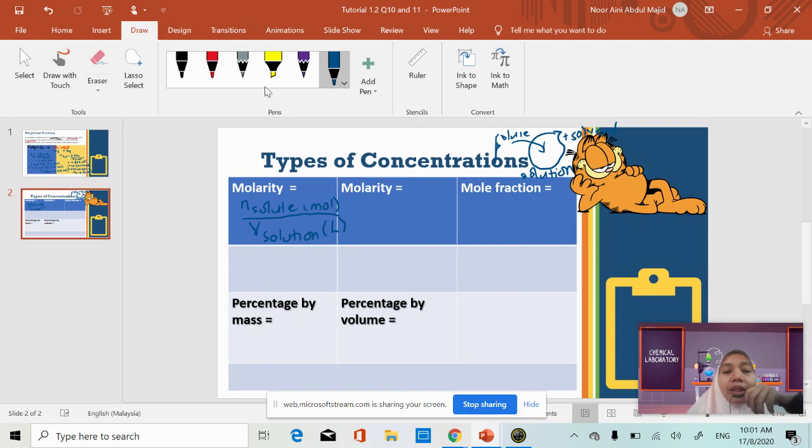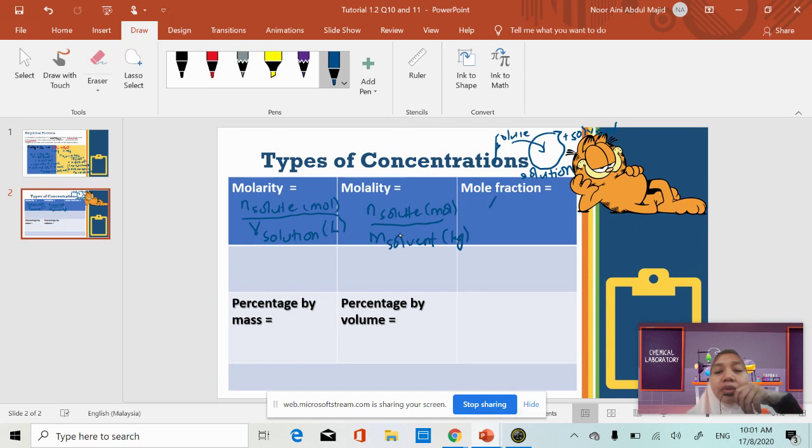Same thing. This one here is molality. How is it different from molarity? For molality, the formula is n of solute, also in mole, over mass of solvent, and the unit is kilogram. Must be kilogram for solvent.